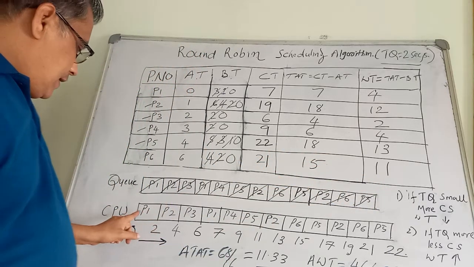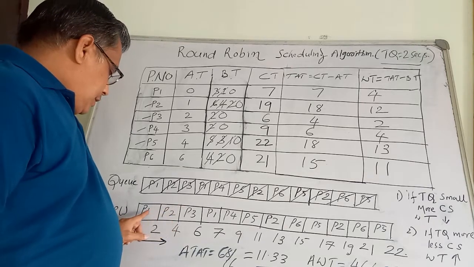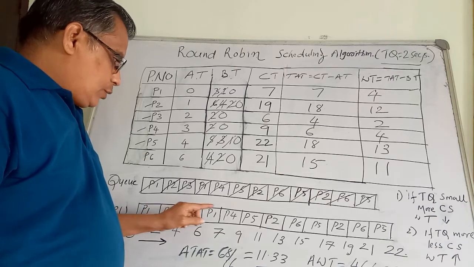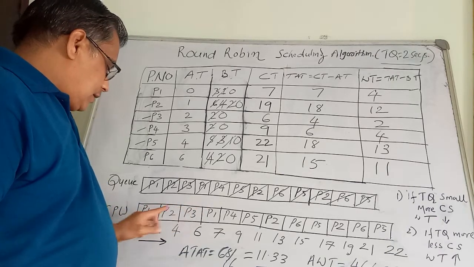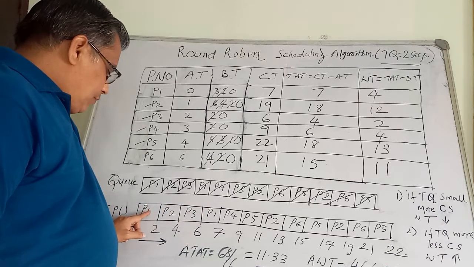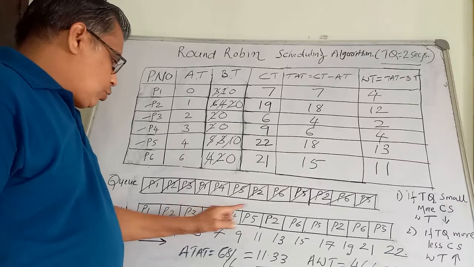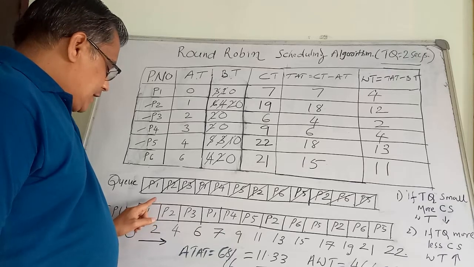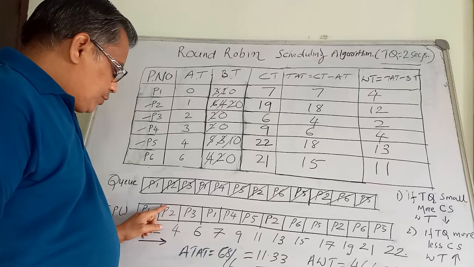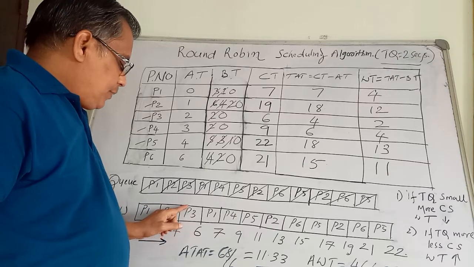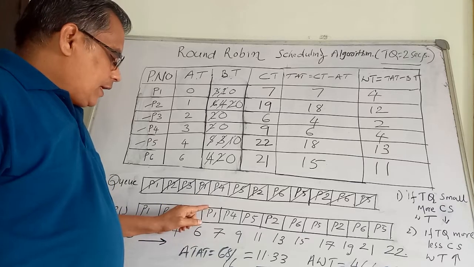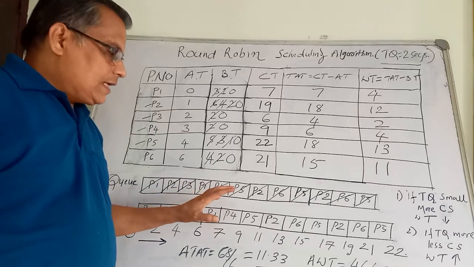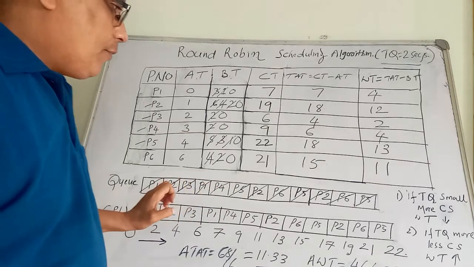Context switch is nothing but, as you can observe in the CPU Gantt chart, the processes being executed: P1, P2, P3 and P1 and so on. Each process is switching. P1 is switching to P2, P2 is switching to P3 and P3 is switching to P1. In this way the process context switching is taking place.